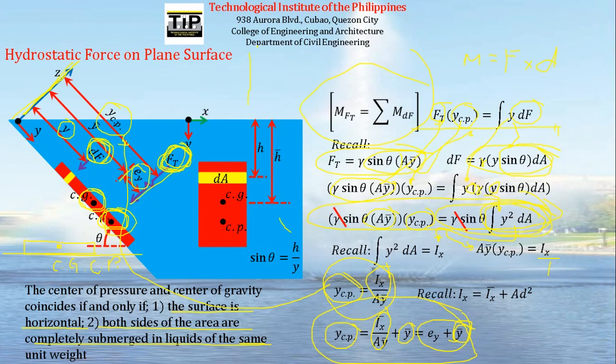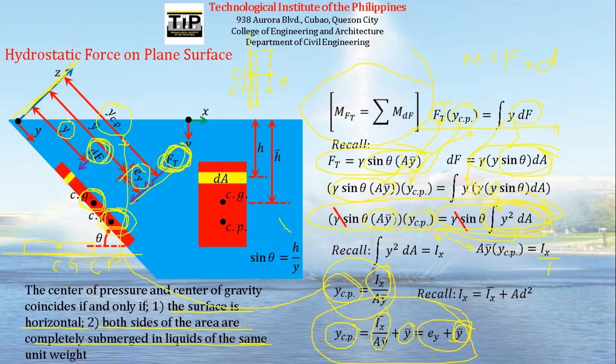Now, sir, paano naman kung naka-vertical? If naka-vertical yung plate natin or yung surface, hindi similar yung CG sa CP. Okay? They are different. So, we have to get the eccentricity.